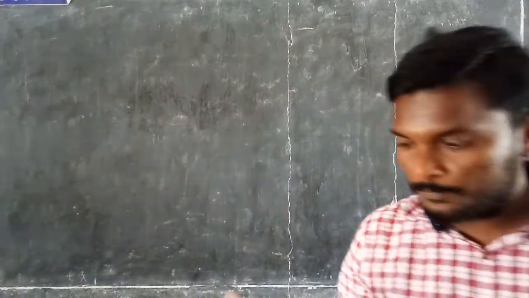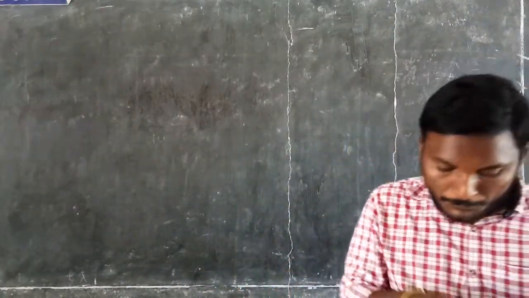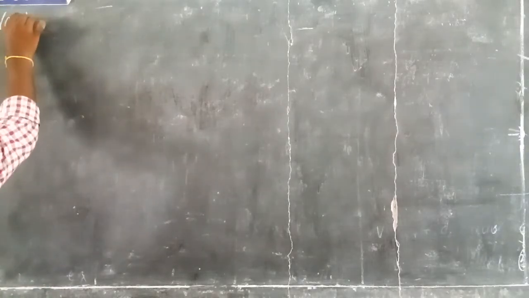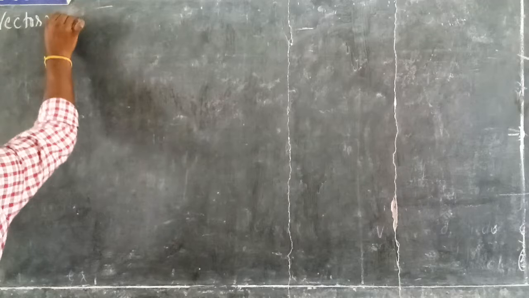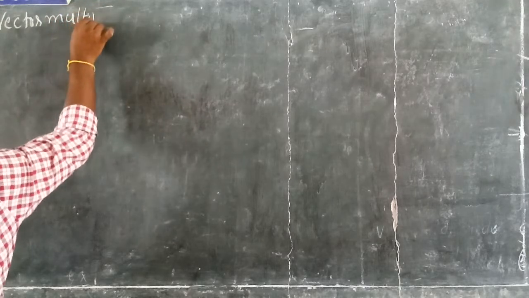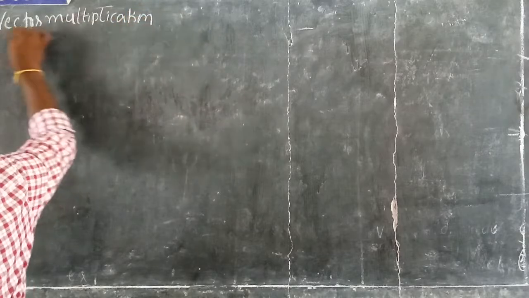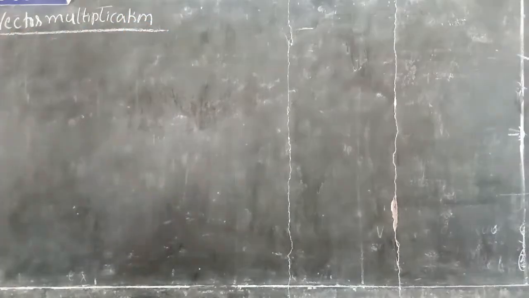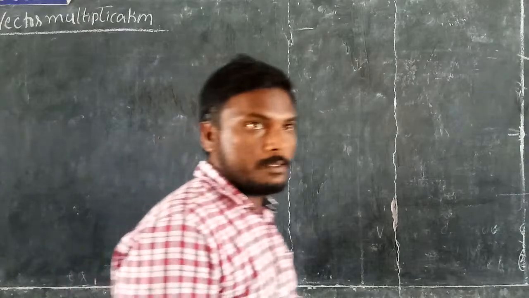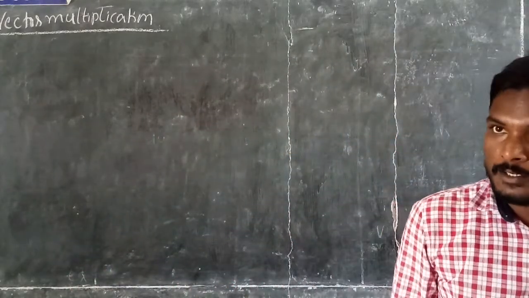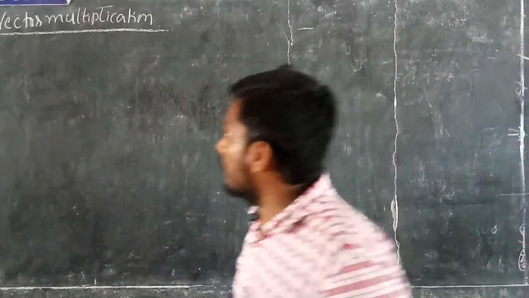Vector multiplication. The next topic is vector multiplication. In the last classes we discussed vector addition and subtraction. Now we are going to discuss a very important topic, vector multiplication.